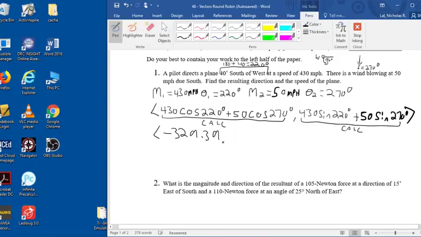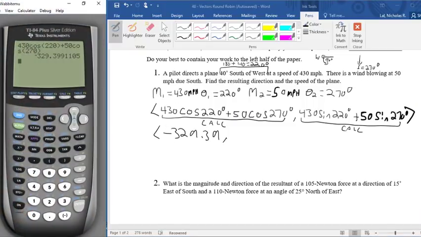And our vertical component, let's calculate in the calculator again: 430 times the sine of 220 plus 50 times the sine of 270.